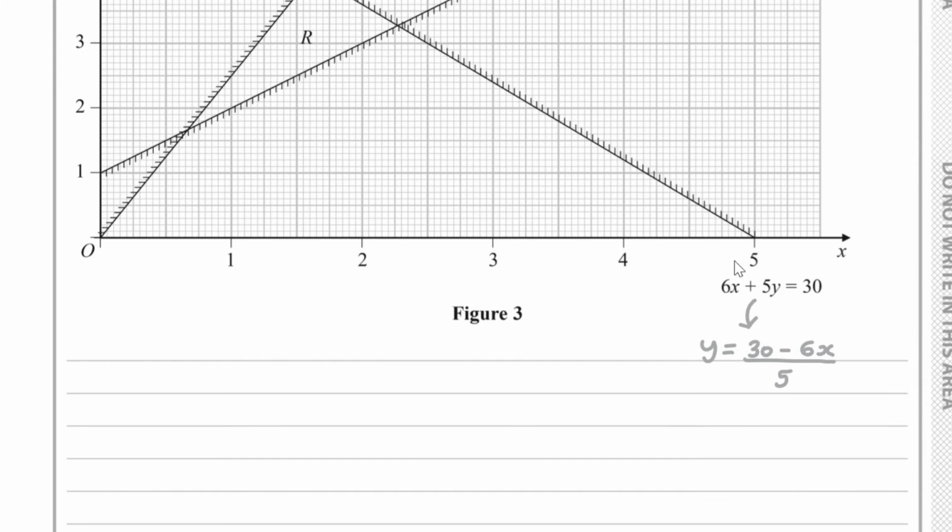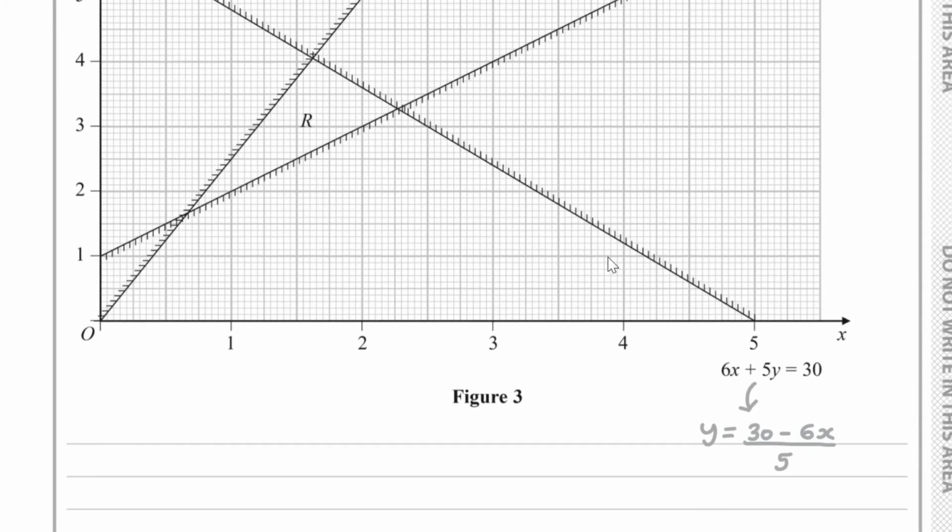And if we take a look at what we have here, you can see the region we don't want is everything above the line. So here we've got y being less than or equal to 30 minus 6x over 5.